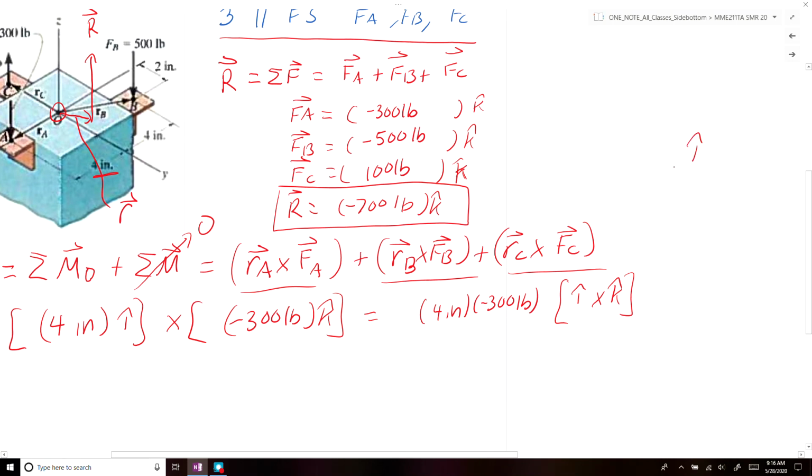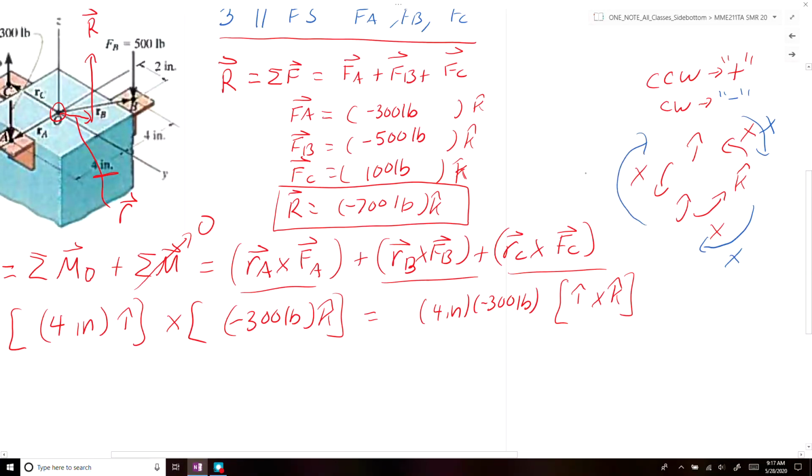So if we remember our cross product circle that we described a few lectures ago, all of the cross products, so I cross J, J cross K, K cross I, these are all counterclockwise cross products, which means that they would create a positive moment, while if you go clockwise around this circle, I cross K would be negative, K cross J would be negative, J cross I would be negative.